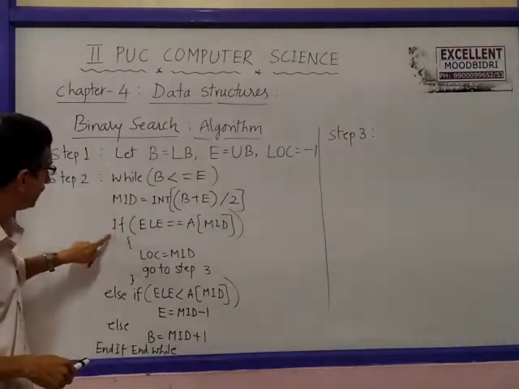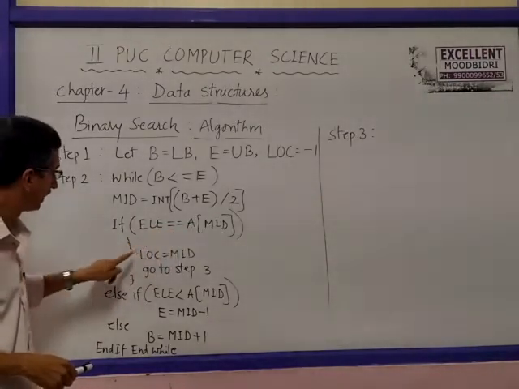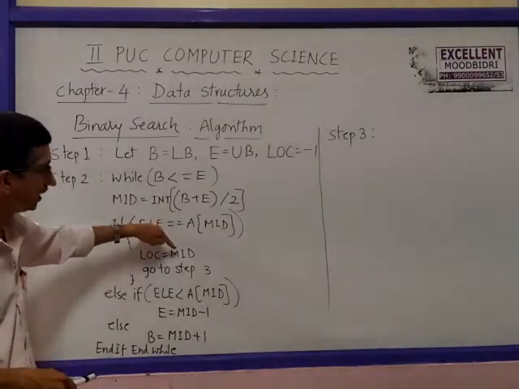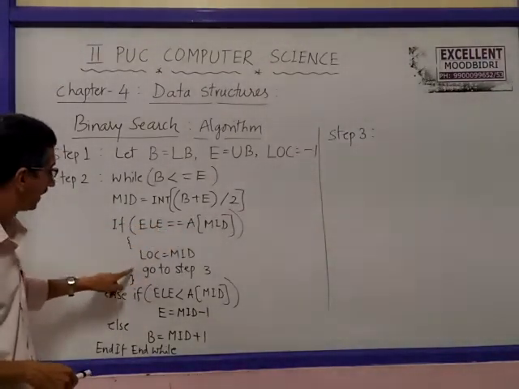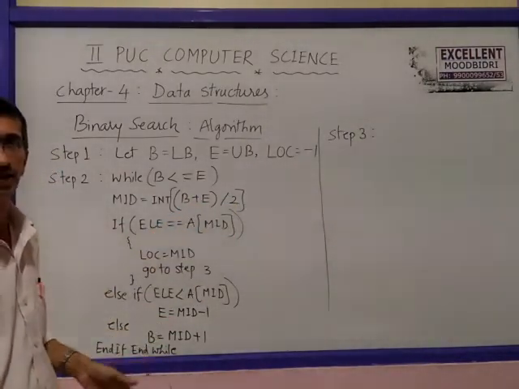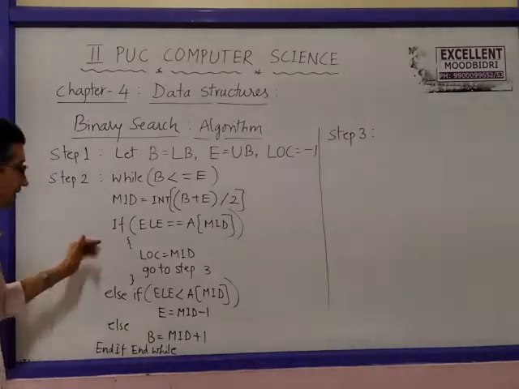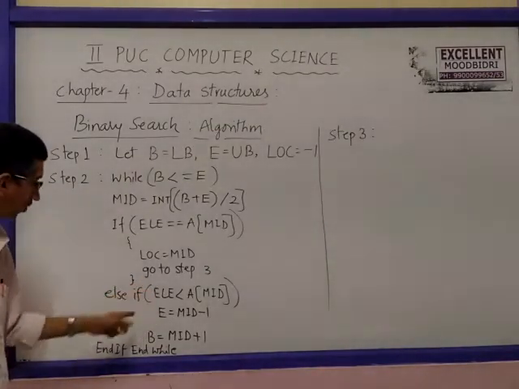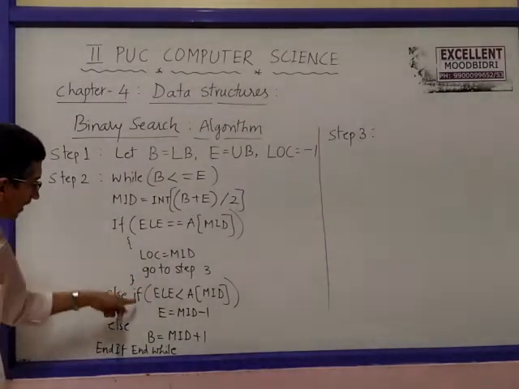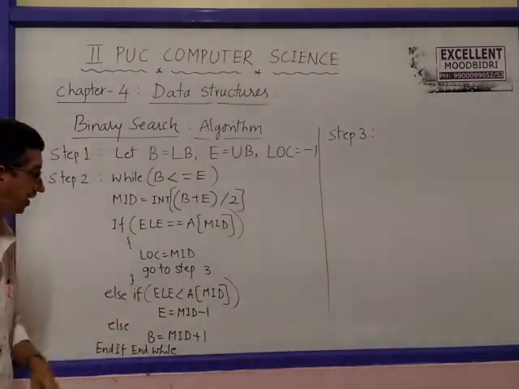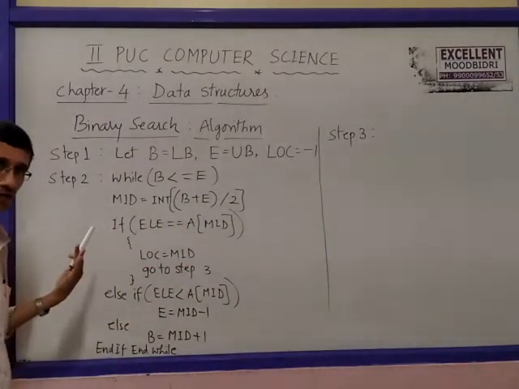Next compare. If element is equal to A of mid, then location is equal to mid. Accordingly, update location and go to step 3. That is the end of search. So if it is not equal to the mid item, check whether it is at the lower half or at the upper half. Else if element is less than A of mid, it is in the first half.